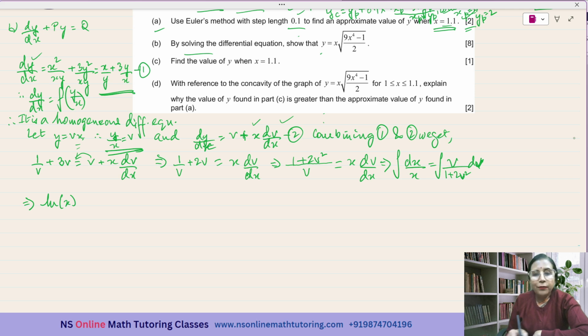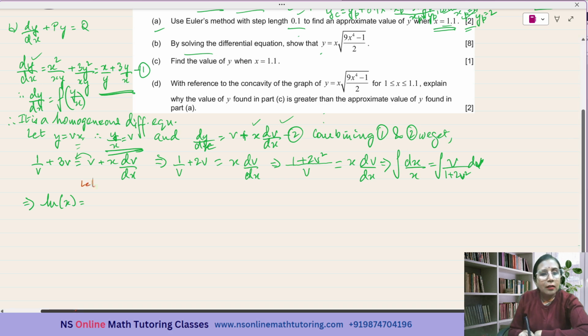Okay, and for the right hand side, what is it? So let t be equal to 1 plus 2v square. Therefore dt by dv is equal to 4v, or dv is equal to dt over 4v.